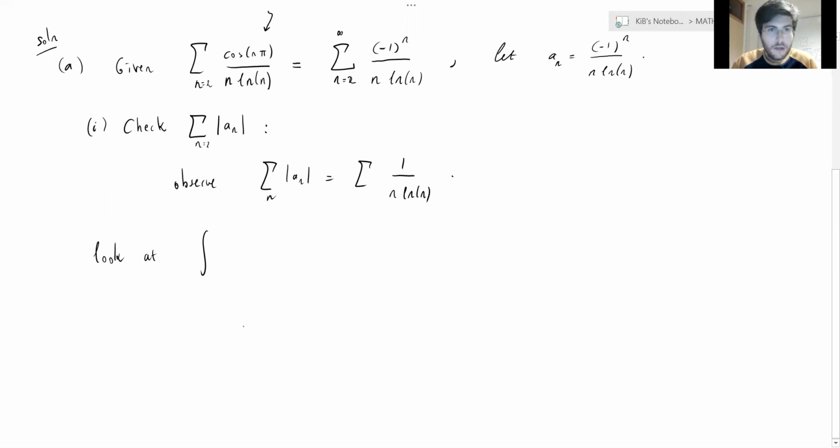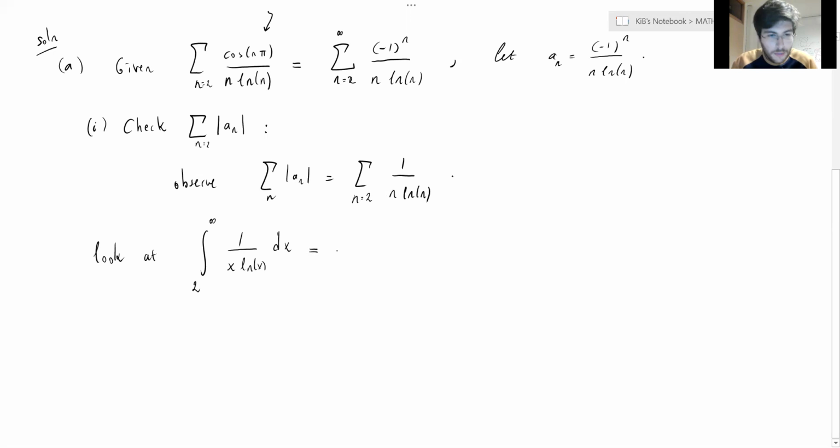Let me write it down: from 2 to infinity. Let's try to understand the improper integral of this function. Remember, if you understand the corresponding improper integral, then you can understand the behavior of the series of interest.